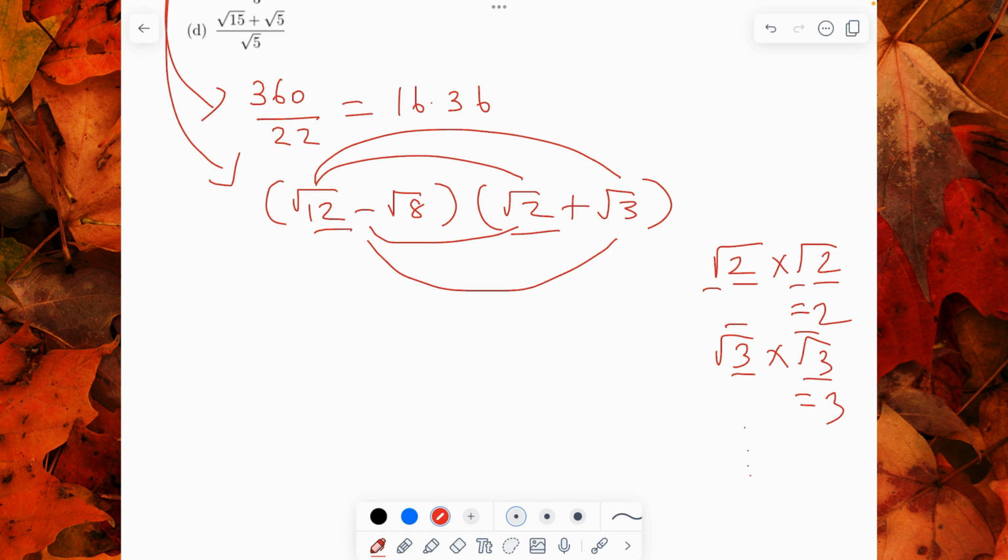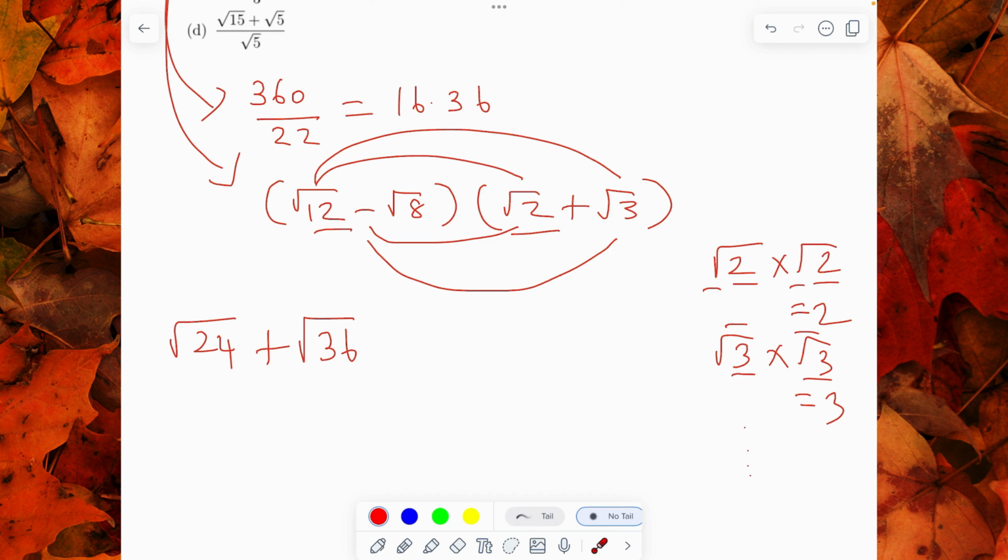Alright, fine. So root 12 into root 2, directly you can write it as root 24. And similarly root 12 into root 3. 12 3s are 36, so inside the square root you should write 36.